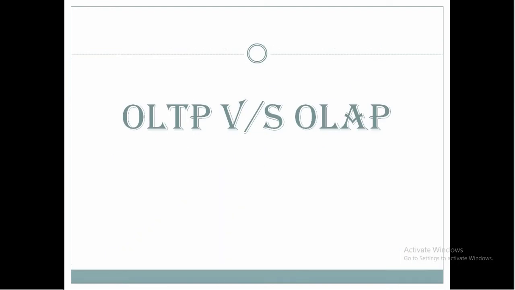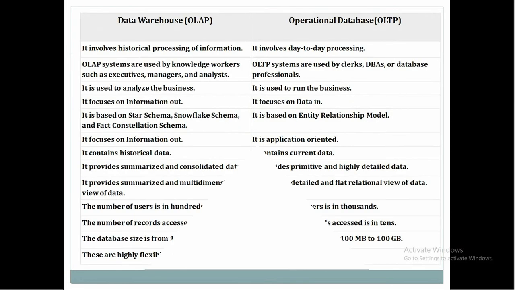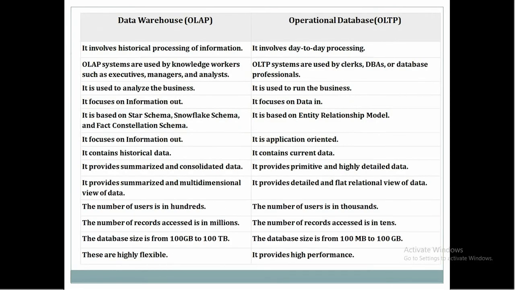Differentiate between OLTP versus OLAP. OLTP means Online Transaction Processing System and OLAP means Online Analytical Processing System. OLAP involves historical processing of data and OLTP involves day-to-day processing.